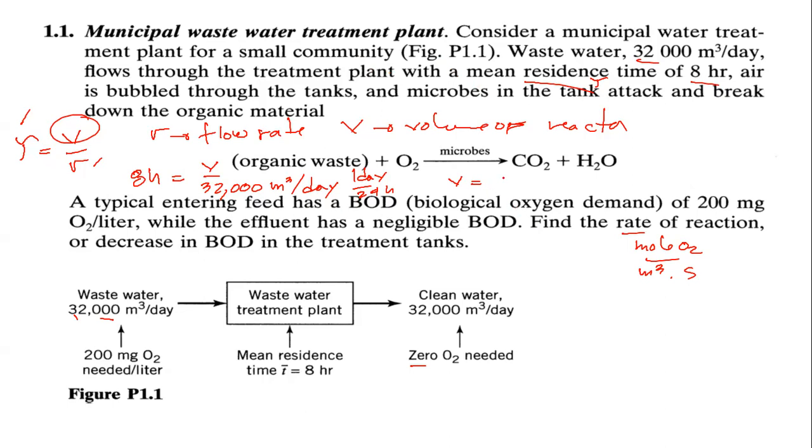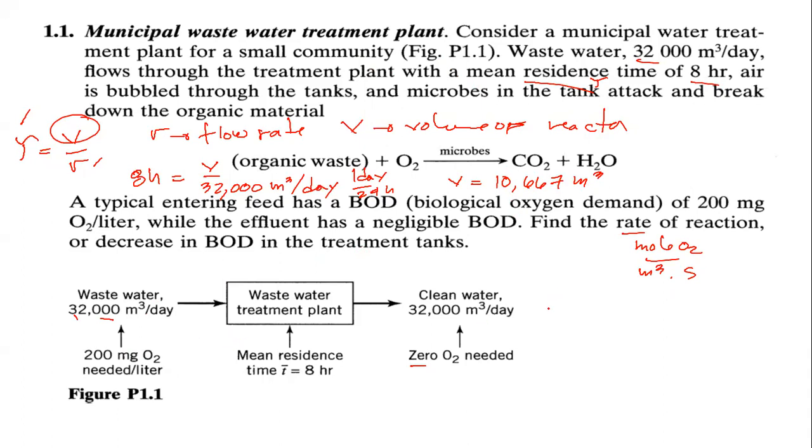So this is in cubic meter, 10,667 cubic meter. That is what you will divide the mole O2 per second by later. Now for the mole O2 per second.